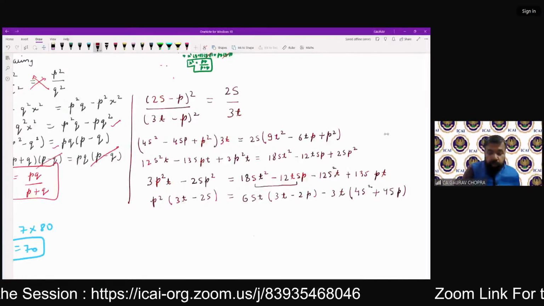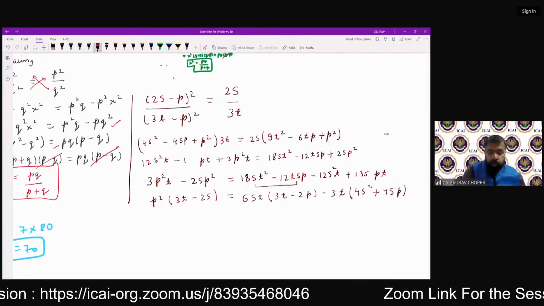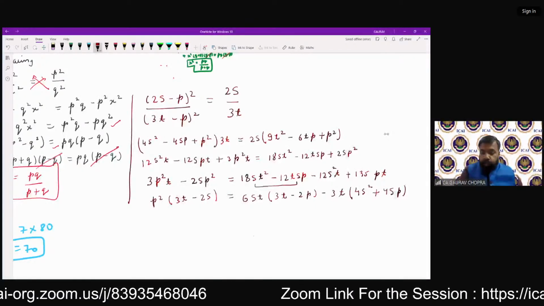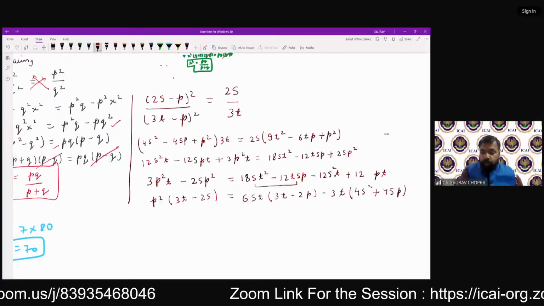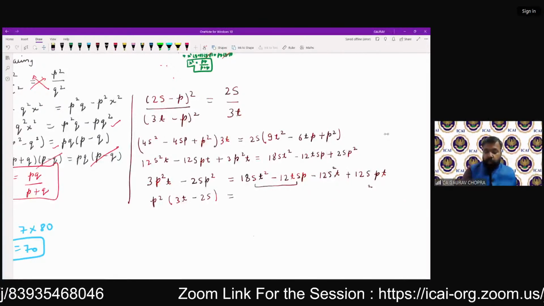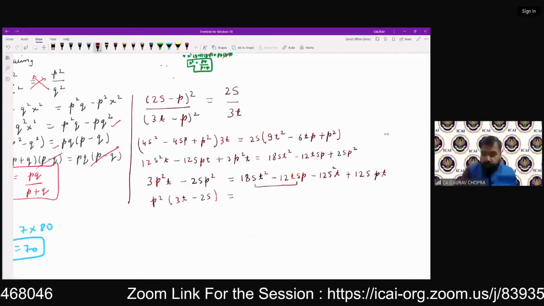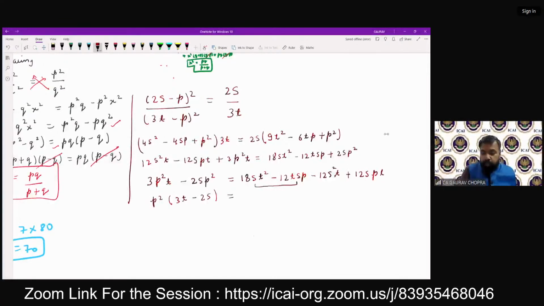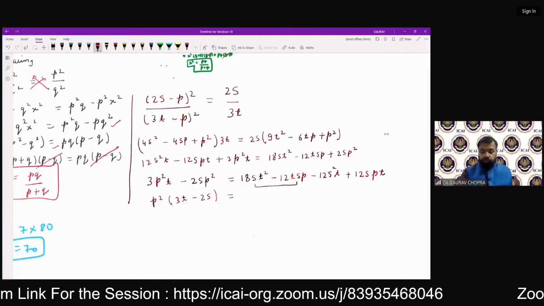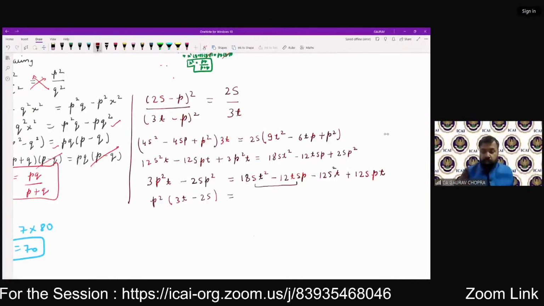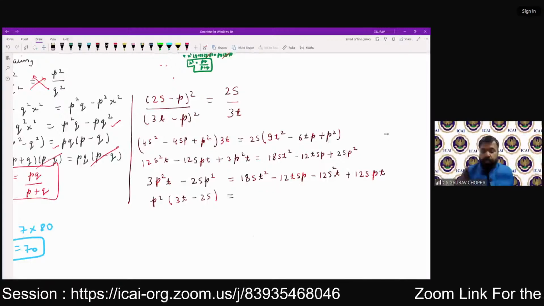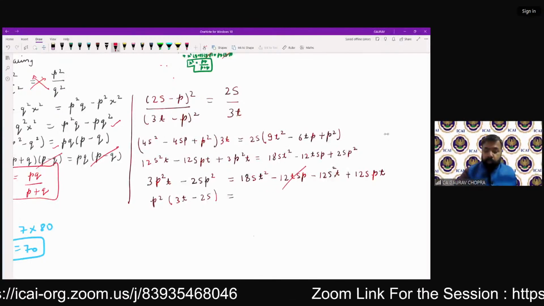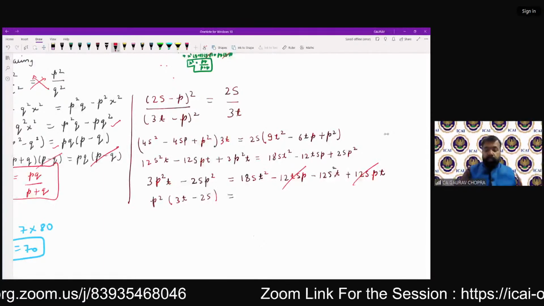So there was some error in s and p, that is why you see a misprint. And here also it was 3 into 4, 12spt. So here again it will be 12spt. So let's take the common properly, otherwise it will create some confusion between s and p. Now you can see that this 12spt and minus 12spt are the same but having different signs, so you can cancel them.